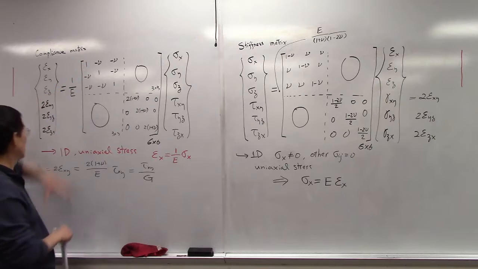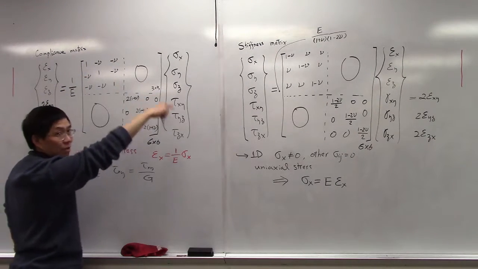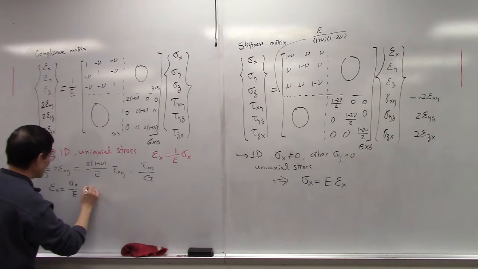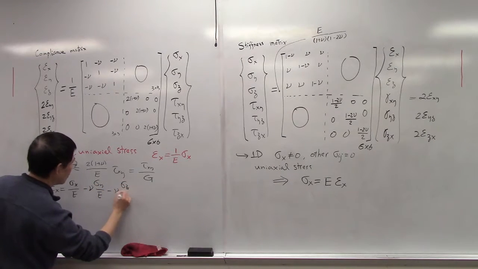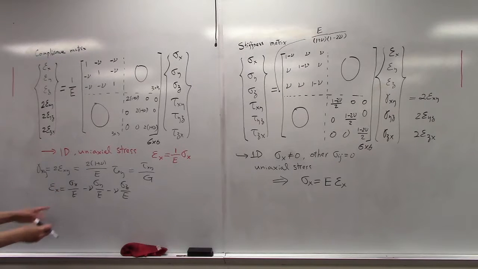What about this part? If you expand epsilon x and write that out, it becomes sigma x over E minus nu sigma y over E minus nu sigma z over E. And again, this is easy to remember because when you apply a stress sigma x in x direction, it generates strain in that direction, which is the stress divided by modulus. We know that, right?